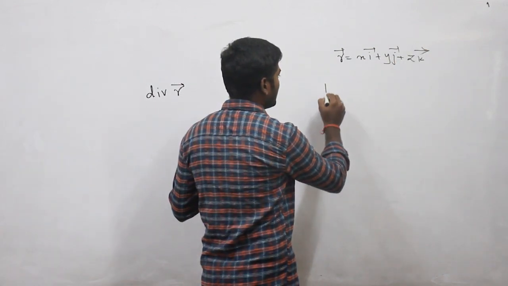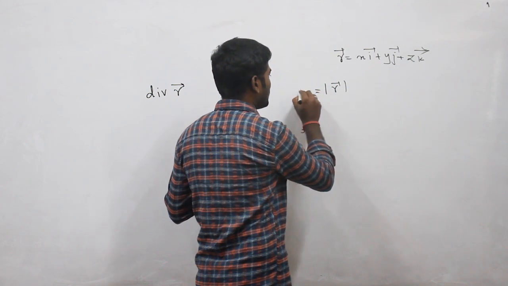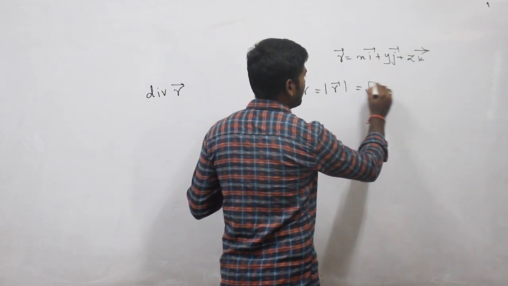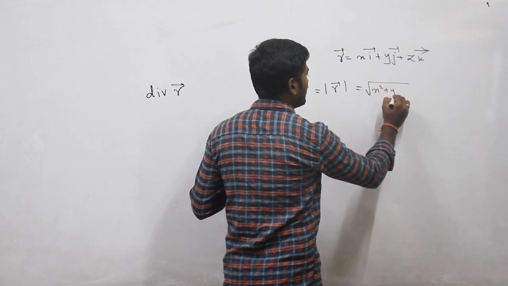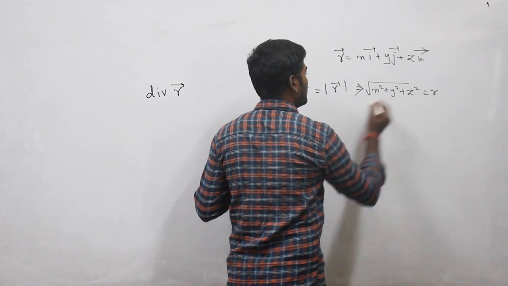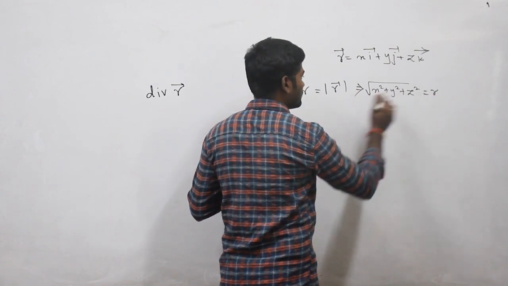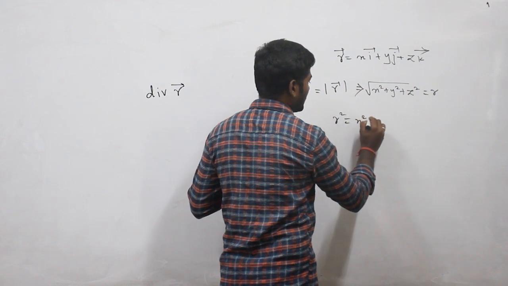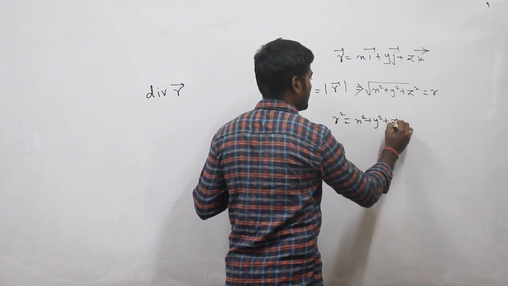If you take the modulus of R vector, that is magnitude of R, it is root of x square plus y square plus z square, which is equal to r. If you take the square on both sides, r square is equal to x square plus y square plus z square, right?